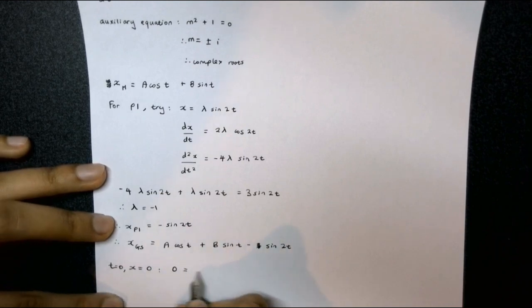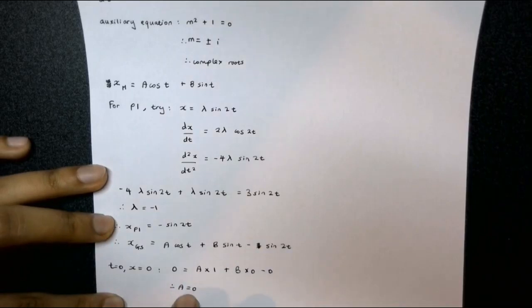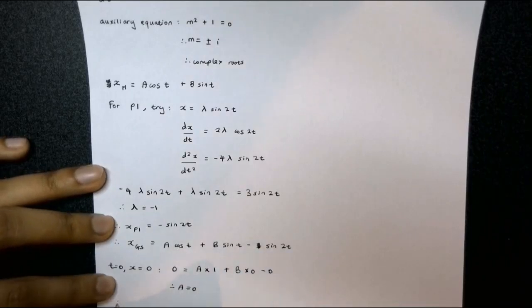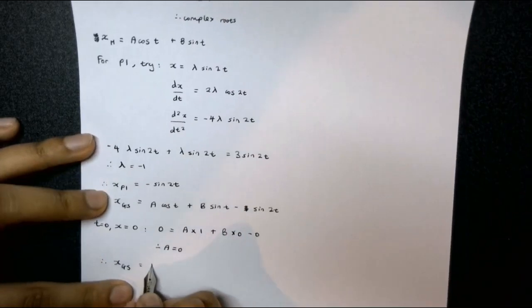So we've got 0 equals a times 1 plus b times 0 minus 0. a is equal to 0. And knowing that a is equal to 0, this term disappears. So therefore we've got the updated general solution, which is equal to b times sine t minus sine 2t.